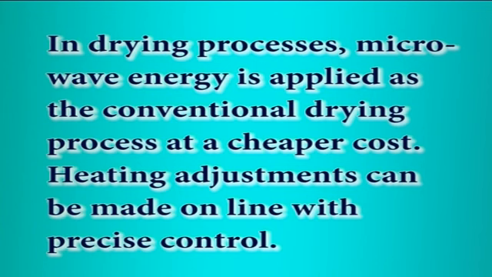Energy is not used in heating the wall of the apparatus or the environment. Energy is developed where it is needed, that is, in the material being processed. In drying processes, microwave energy is applied as a conventional drying process at a cheaper cost. Heating adjustments can be made online with a precise control.